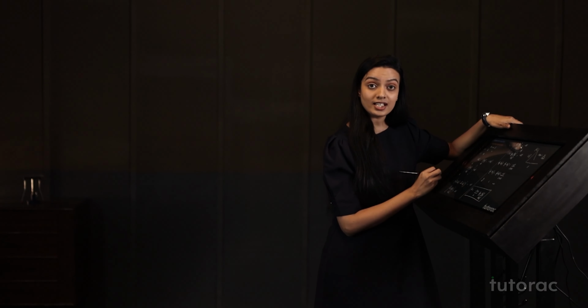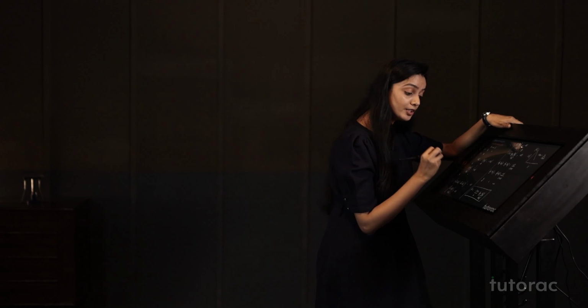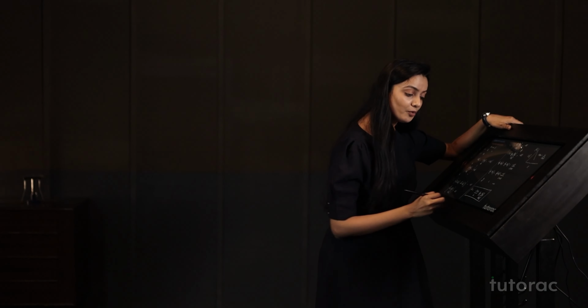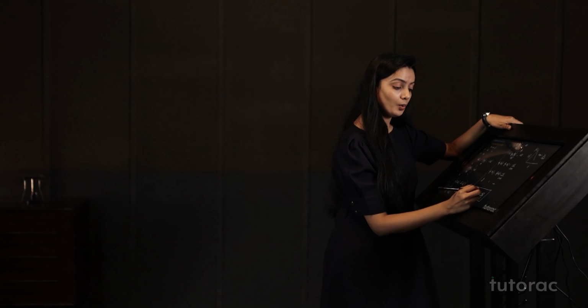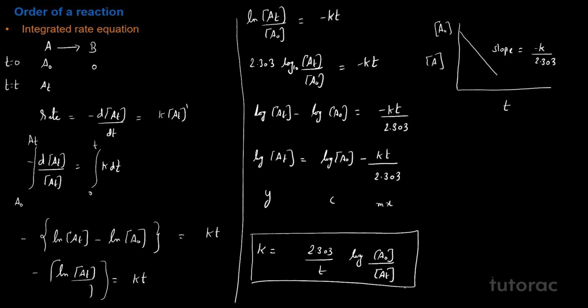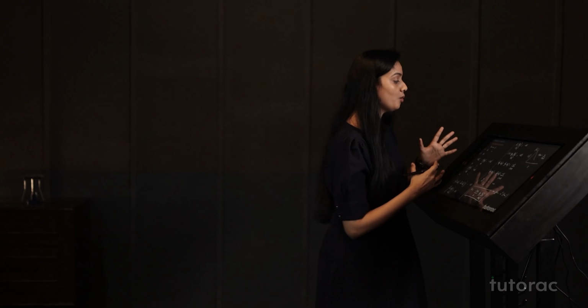If we look at the unit of rate constant, we have the concentration term A naught by At, so the units will cancel each other and only the unit of time will remain. So the unit of k will be second inverse, or in simple terms, time inverse. This is how you derive the integrated rate equation for a first order reaction.